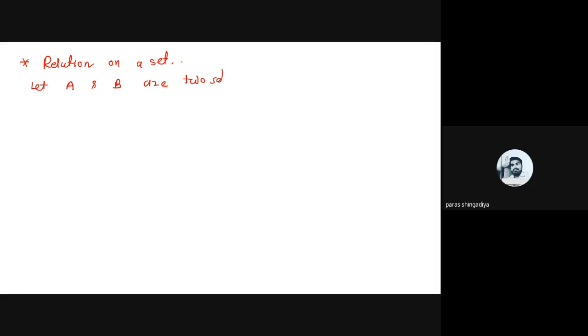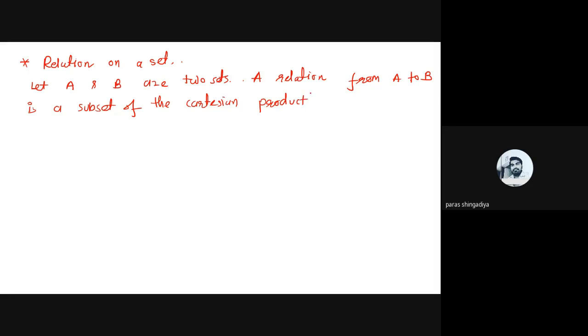Okay, any two sets you can consider, and a relation from A to B is a subset of the Cartesian product A cross B. Okay, so we first define the Cartesian product, and then we consider any subset of A cross B, and this is called a relation from A to B.